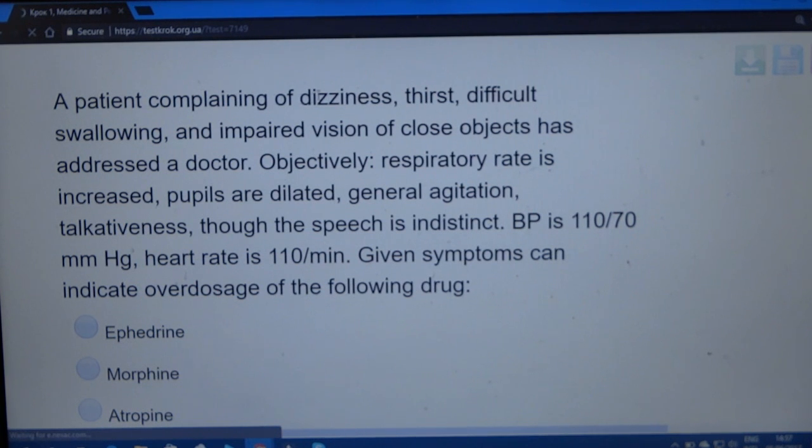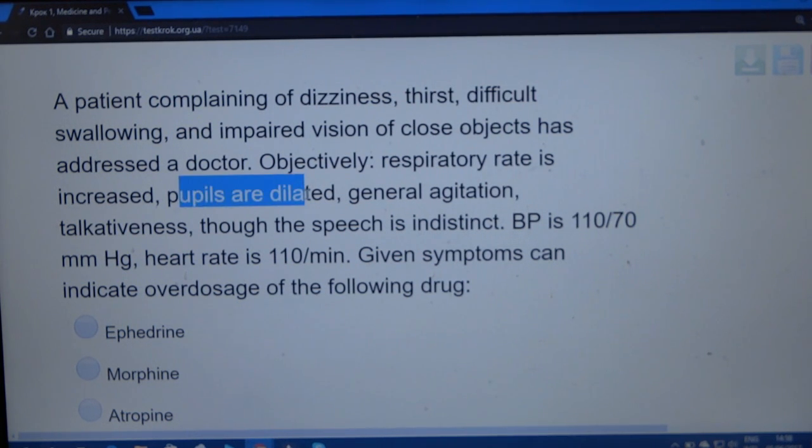A patient complaining of dizziness, thirst, difficult swallowing, and impaired vision of close objects has addressed a doctor. Objectively, respiratory rate is increased, pupils dilated, general agitation, talkativeness.